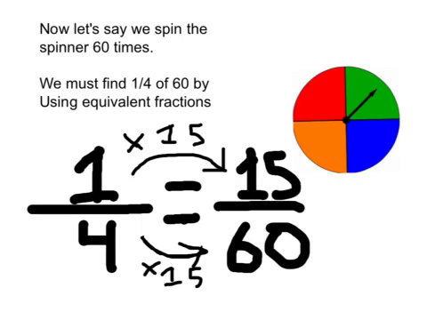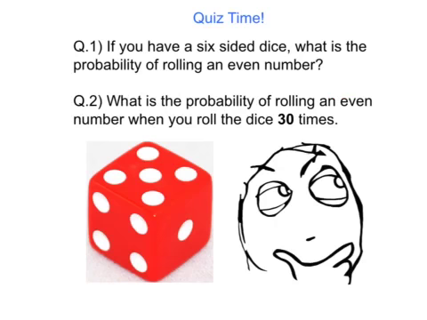So there is the second fraction, and this fraction is equivalent to 1/4. Now, again, this means that out of the 60 spins, theoretically, 15 of the spins should land on green. But that's just theoretically. It might not happen.